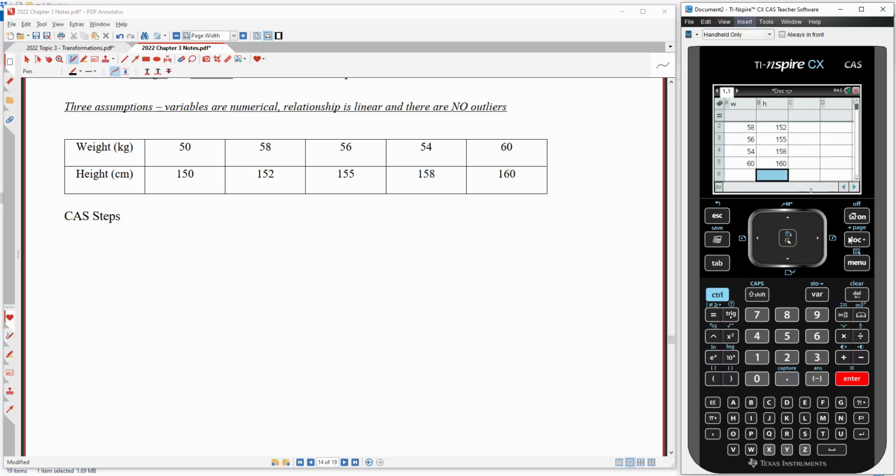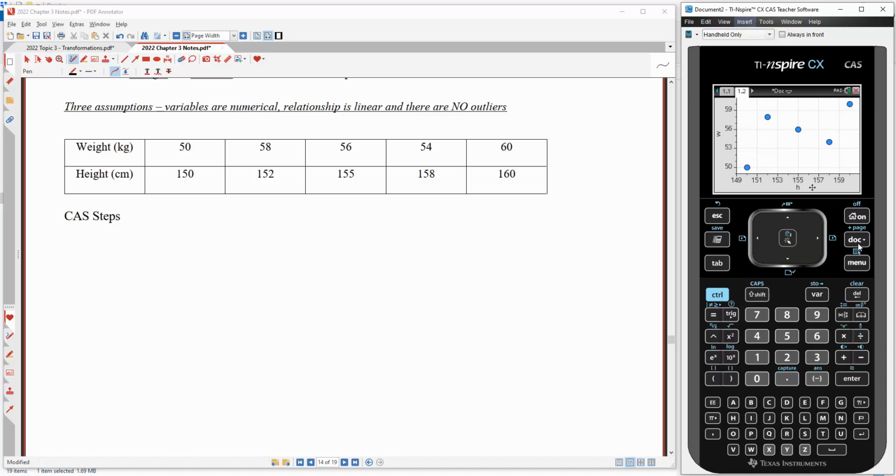Alright, so what I'll do is go Control Doc and Data and Statistics. Alright, we're going to grab the weight, the height rather, that explains the weight. Alright, so there's our scatter plot.